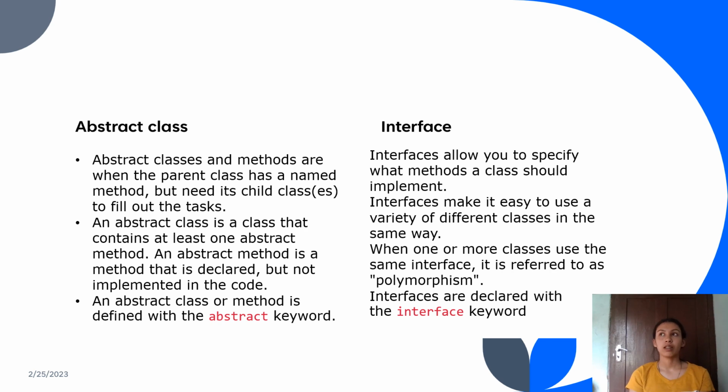For example, the plus operator: we can use it for addition and also for string concatenation, which is operator overloading. We can declare an interface using the interface keyword, and we can use an interface in each class by using the implements keyword.